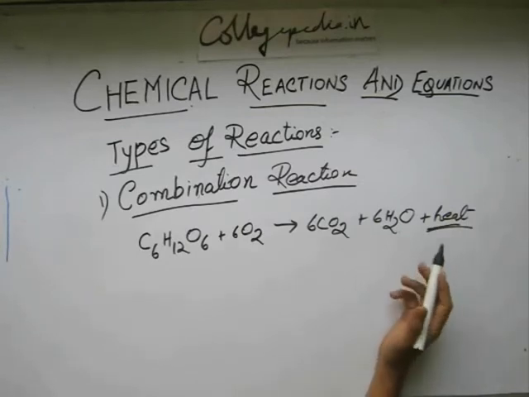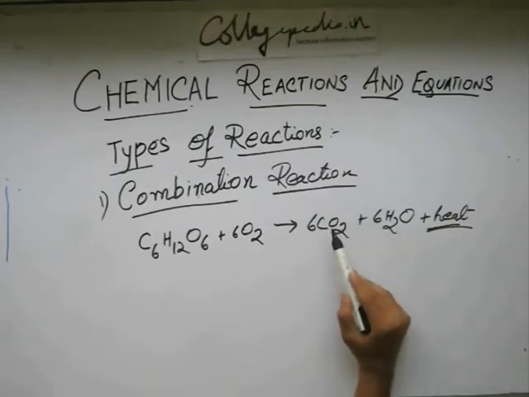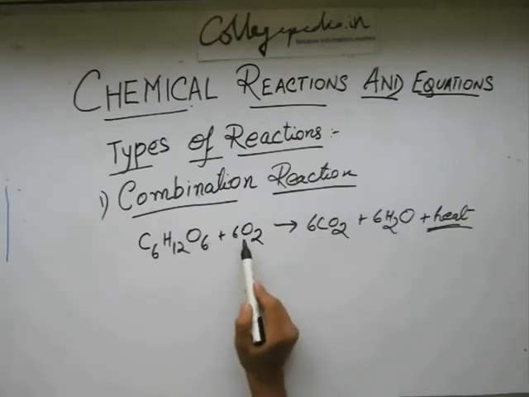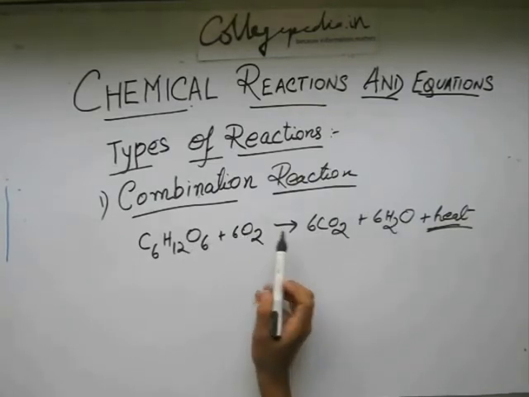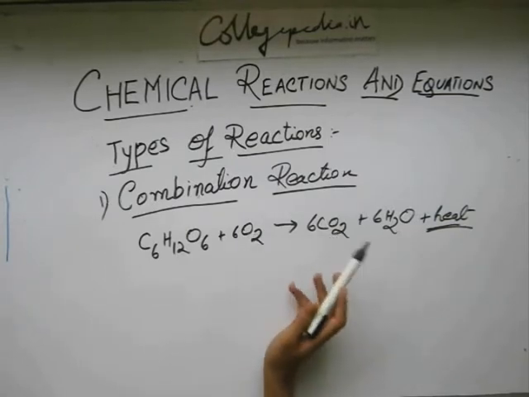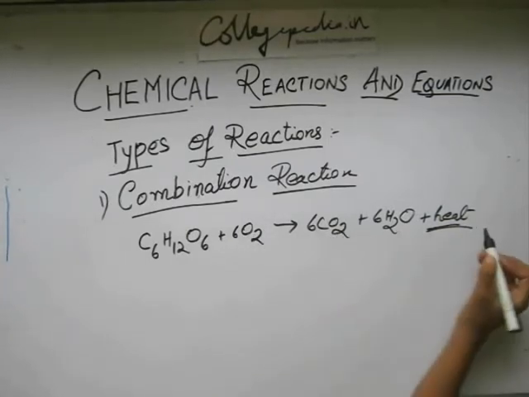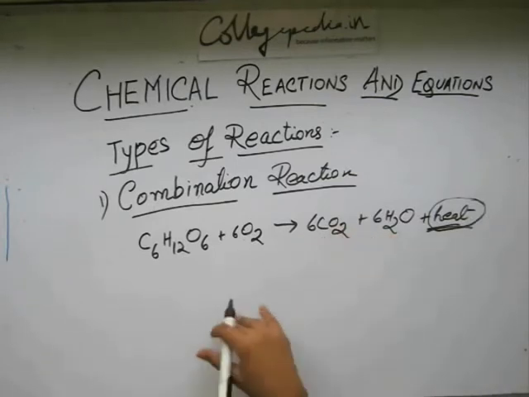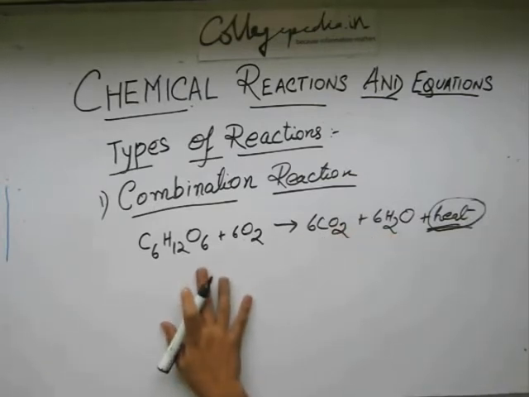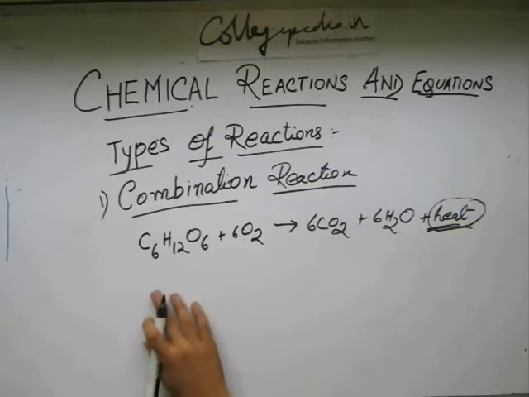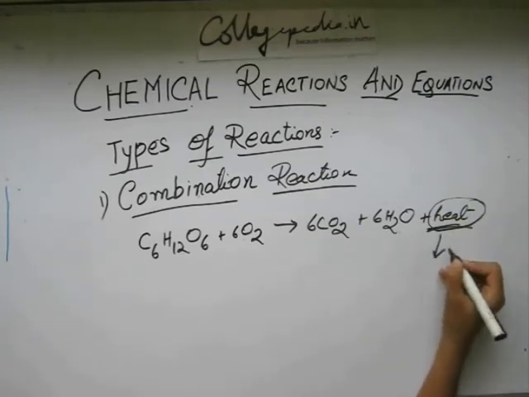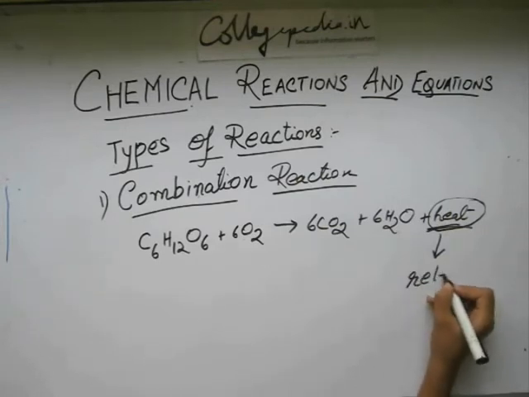If you have noticed, in photosynthesis these were the reactants and these were the products. In respiration, these are the reactants and these are the products. And this energy, which was taken in the form of sunlight in photosynthesis, in this reaction the same energy is released in the form of heat.